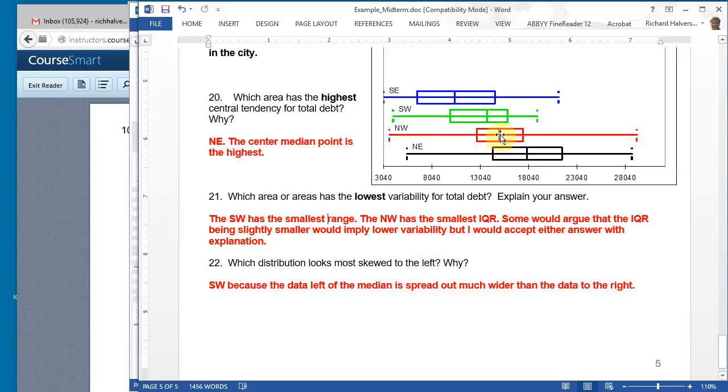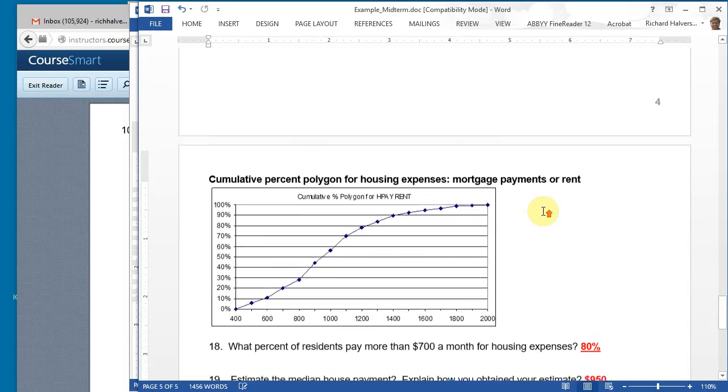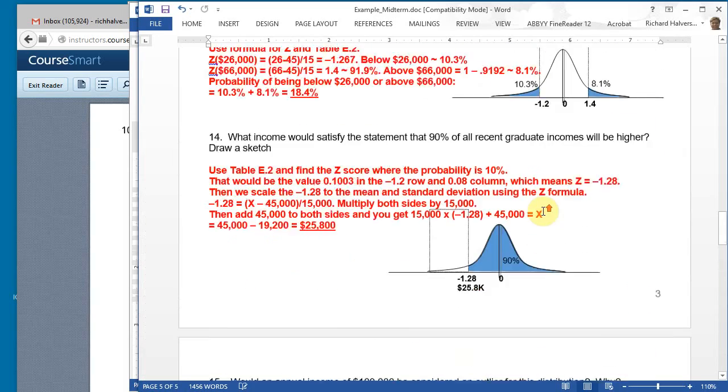This might be skewed a little bit to the right. This is almost normal looking. This here looks like it's more data skewed to the right. So southwest is the answer, because the data left of the median is spread out much wider than data to the right. Okay, that completes a review of the example midterm.